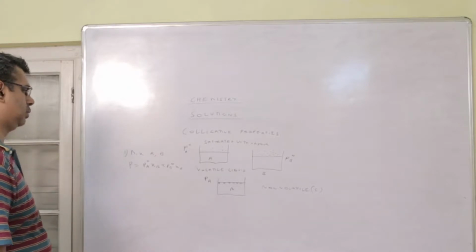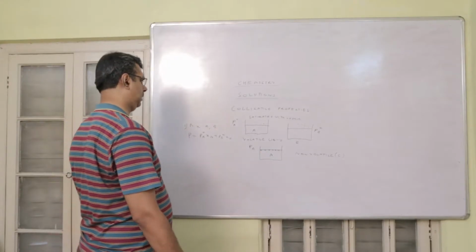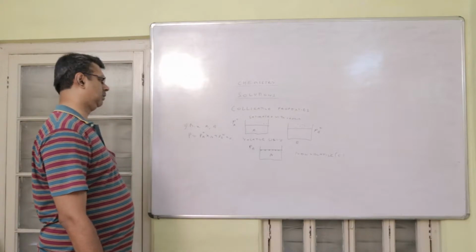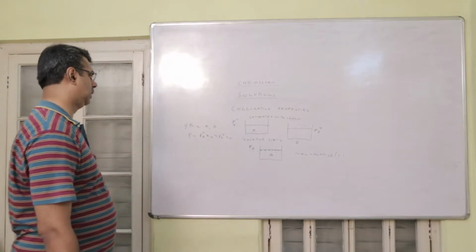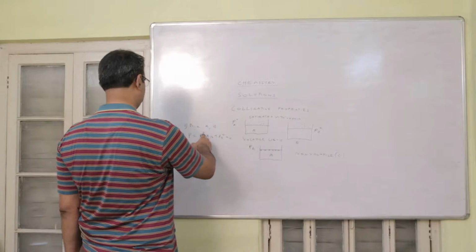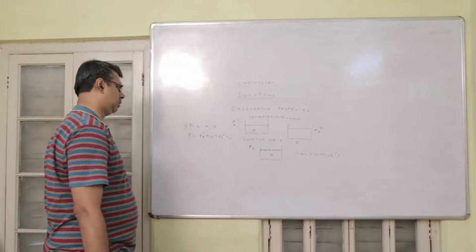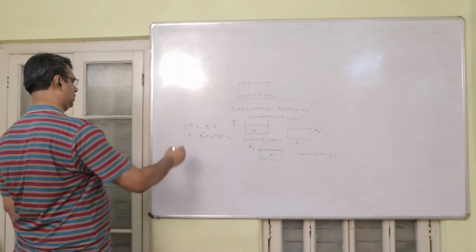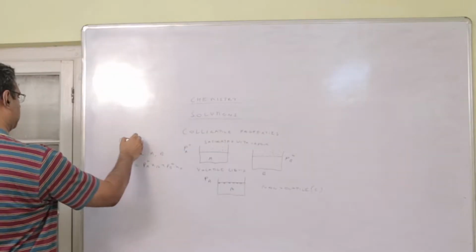So if you mix two volatile liquids A and B, then the pressure of the vapor due to both of them will be given as PA naught into XA plus PB naught into XB. This is known as Raoult's first law.